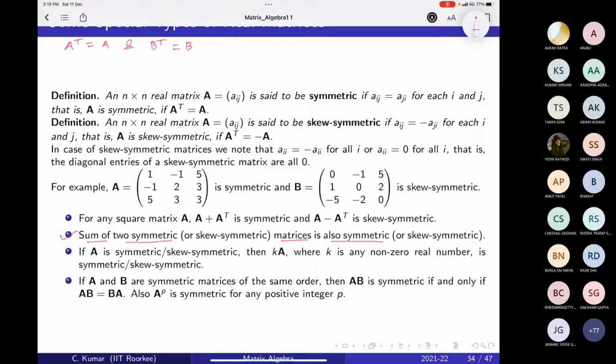A and B are both symmetric matrices. Then this result says that the sum of these two matrices is also symmetric. So I can calculate the transpose of A plus B. This will be equal to A transpose plus B transpose, but A and B are symmetric, so A transpose will be equal to A and B transpose will be equal to B. So from here we can conclude that A plus B is a symmetric matrix.